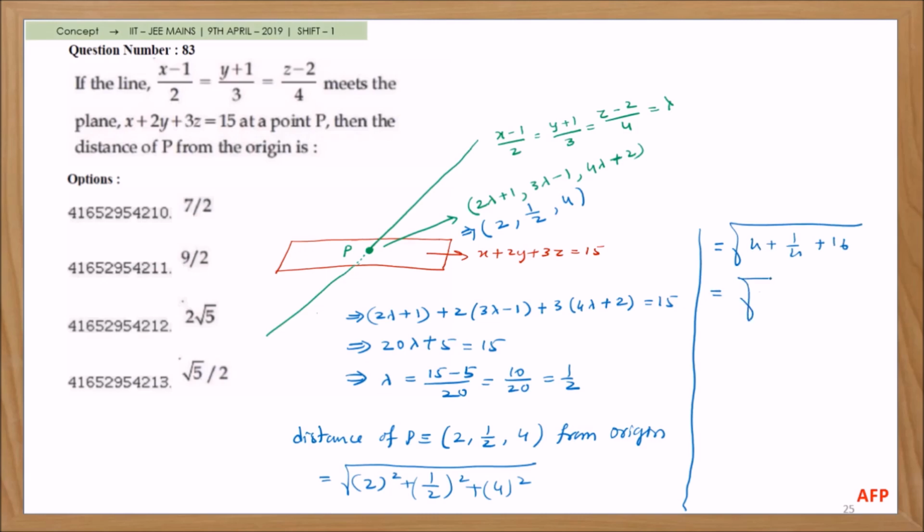So LCM is 4, we are having 16 plus 1 plus 64, which is nothing but square root of 81 by 4, which is nothing but 9 by 2 is the distance. Option 2 it follows.